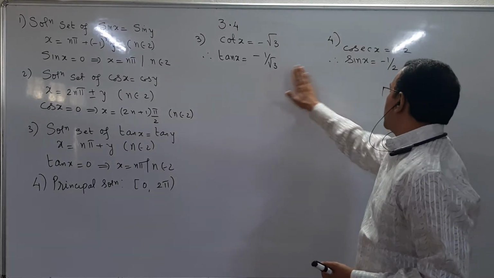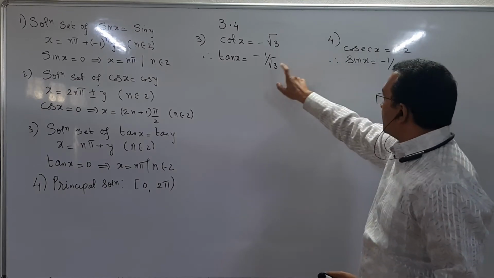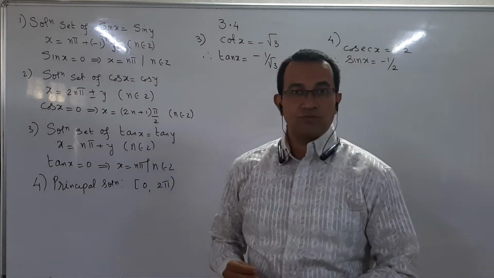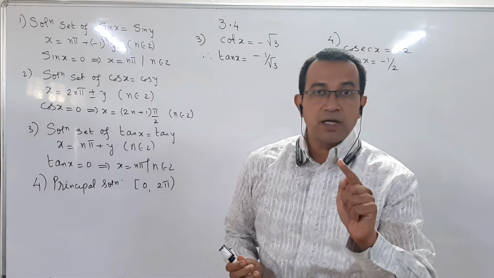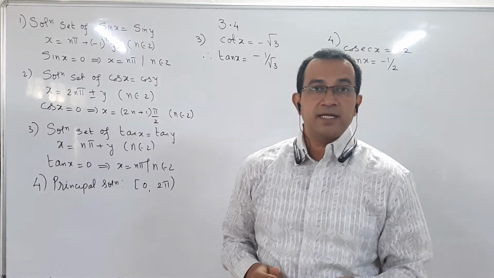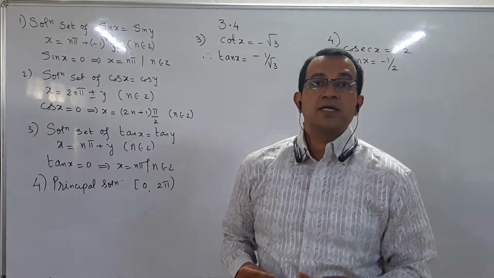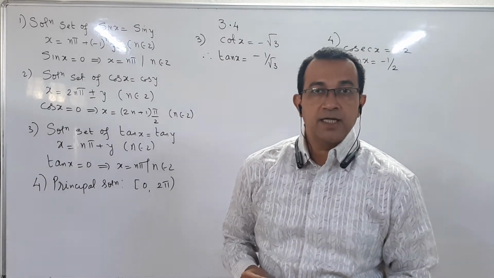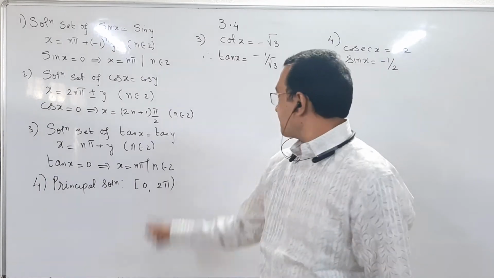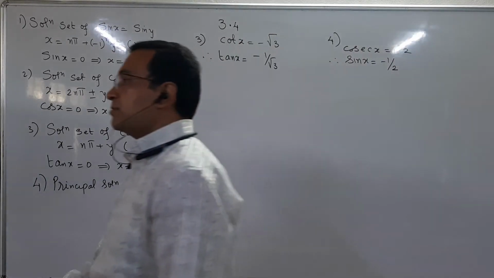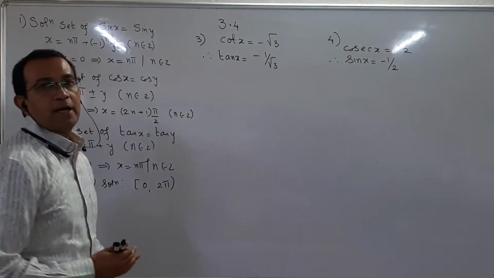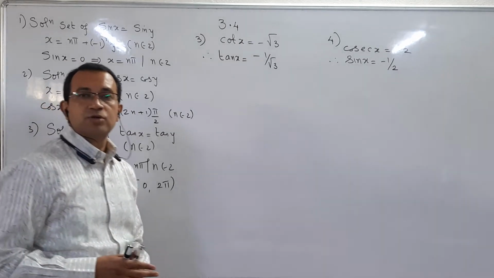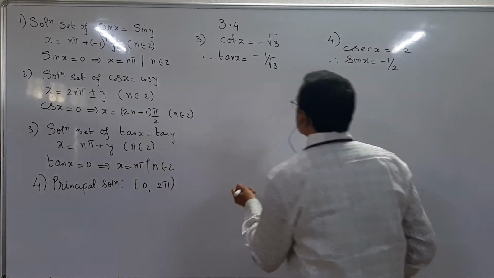In tan and sine, whenever the number on the right hand side is negative, we still convert that into acute angle. 1 by root 3 is for angle pi by 6. So minus 1 by root 3 will be for minus pi by 6.